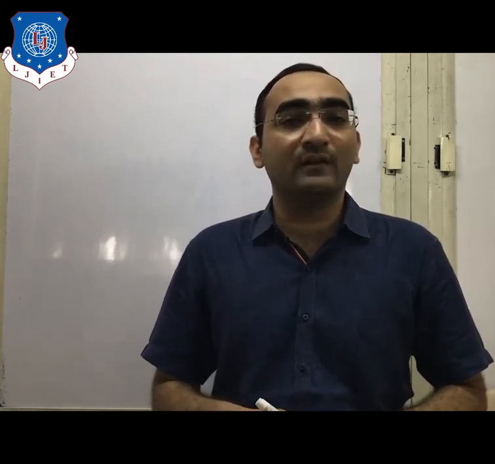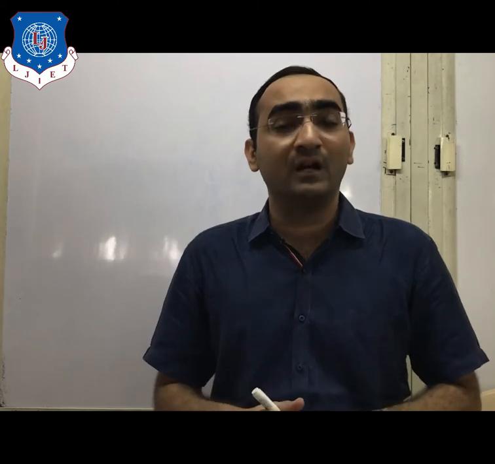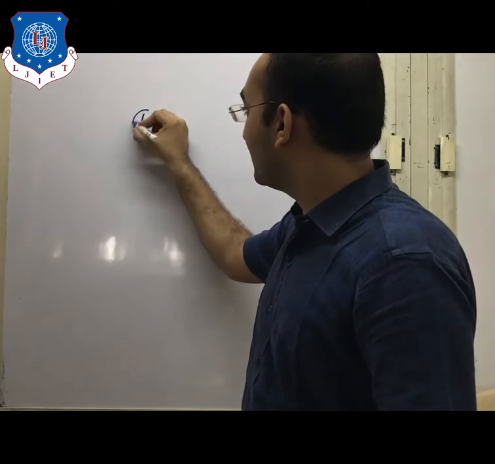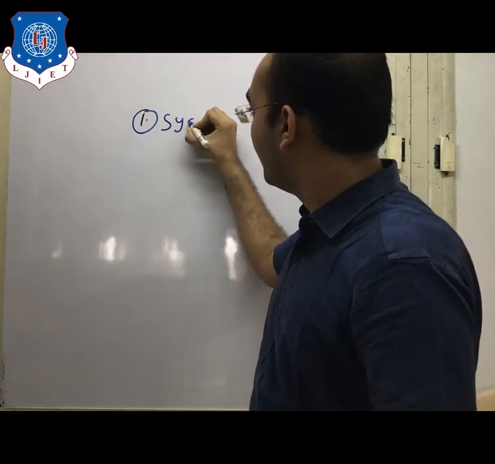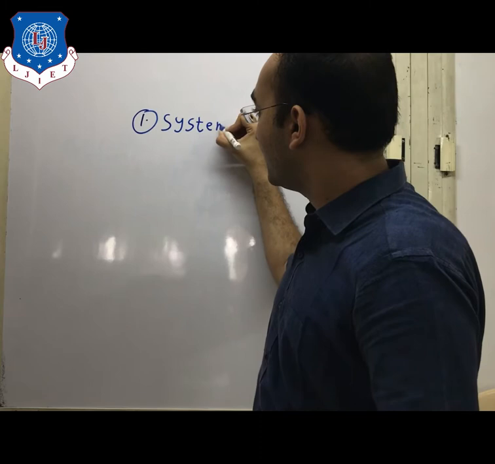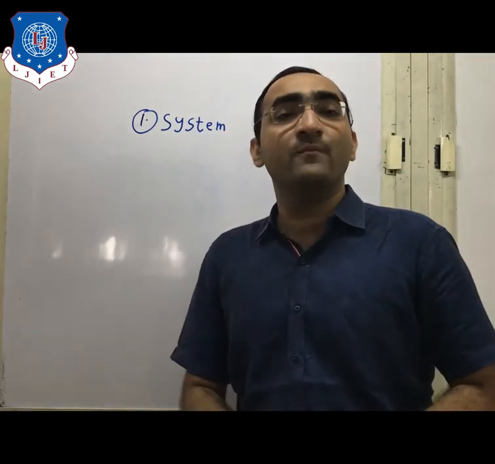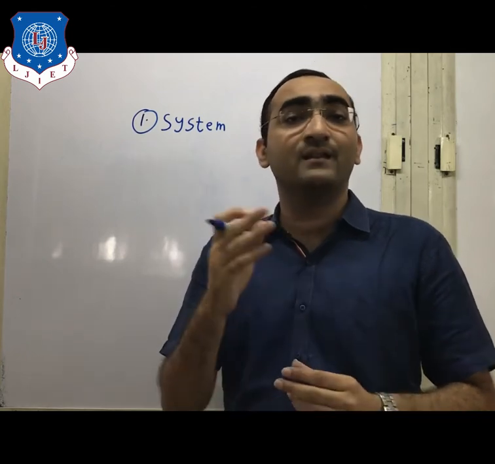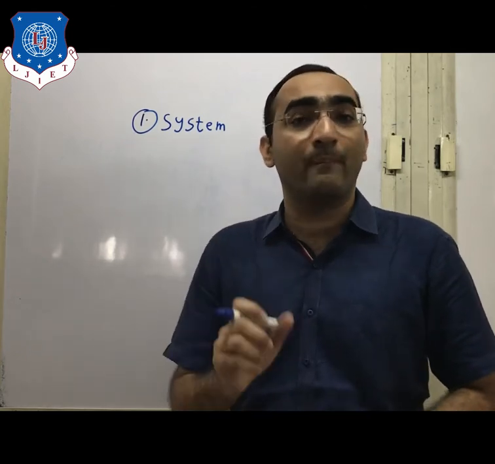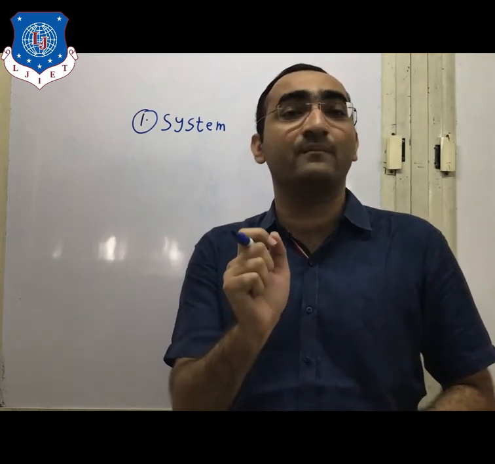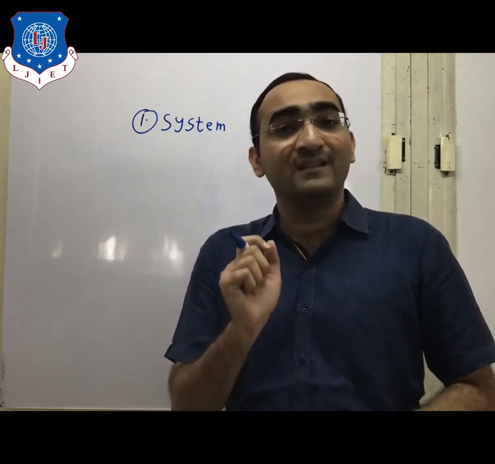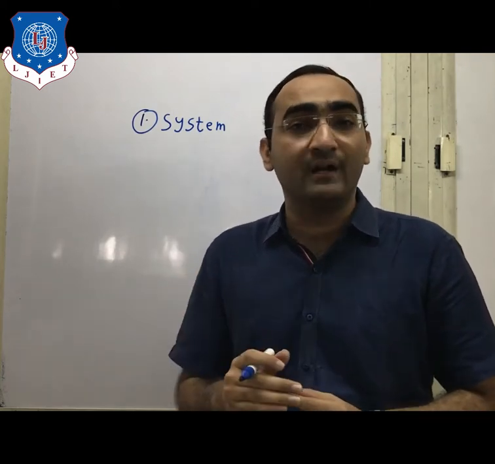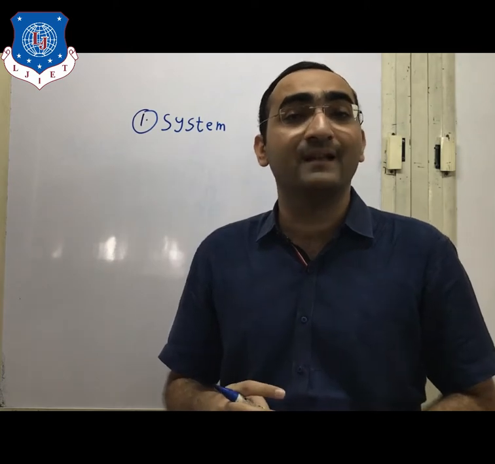So now let us go through some of the terms which are related to the phase diagram. The first definition which comes is known as a system. What do you mean by a system? You will have known this in earlier classes and in different subjects. A system is the part of the universe on which the experiments are done, and which is unaffected by the surrounding.